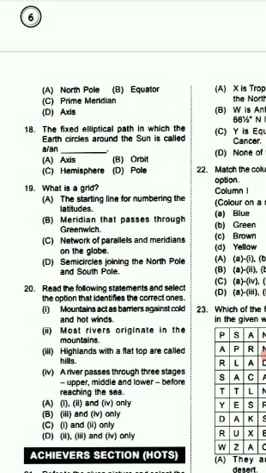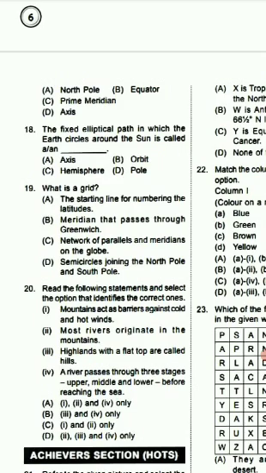Number 20. Read the following statements and select the option that identifies the correct ones. 1. Mountains act as barriers against cold or hot winds. 2. Most rivers originate in the mountains. 3. Highlands with a flat top are called hills. 4.